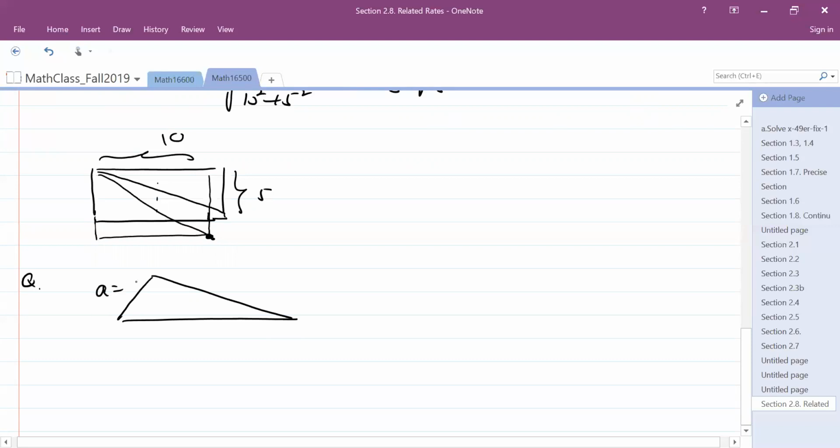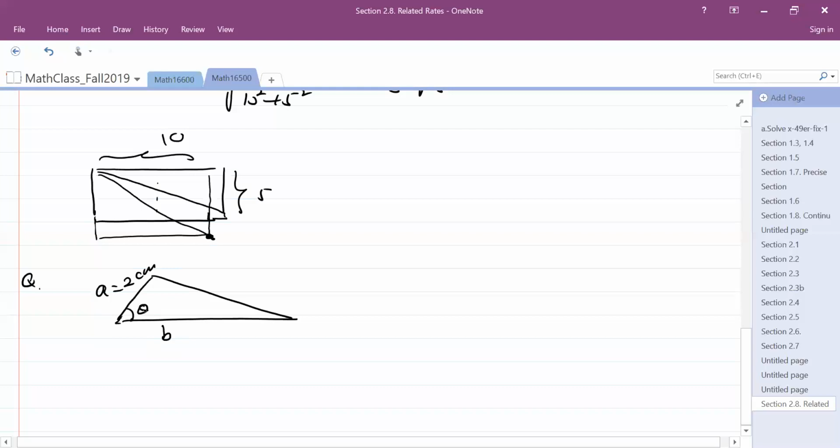A is fixed, and here's b. Here's the angle theta.